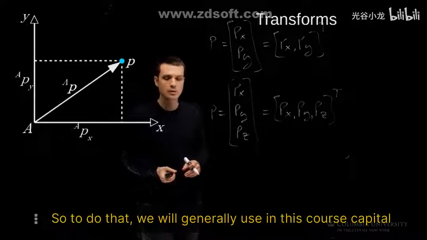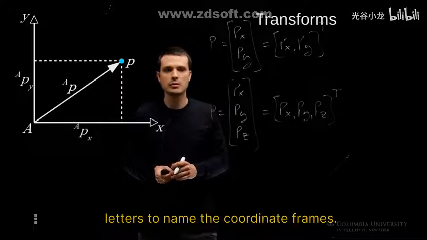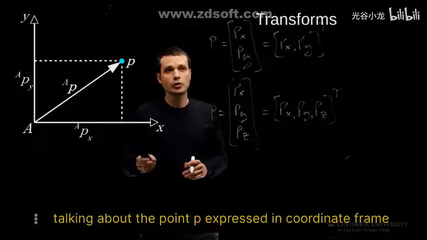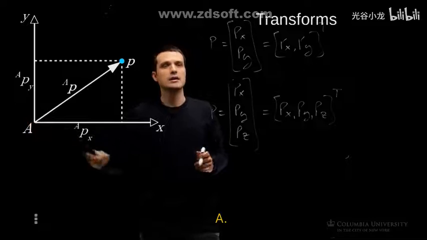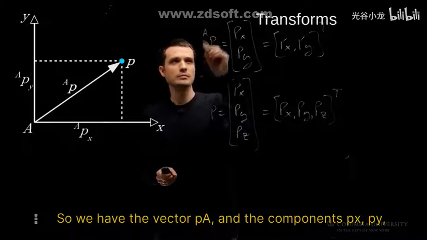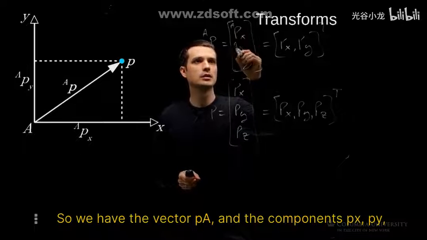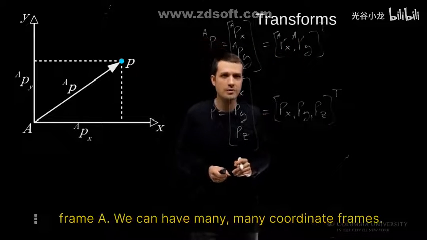To do that, we will generally use, in this course, capital letters to name the coordinate frames. To make it clear that now we're talking about the point P expressed in coordinate frame A, we have the vector P_A, and the components px, py, and so forth are still relative to coordinate frame A.